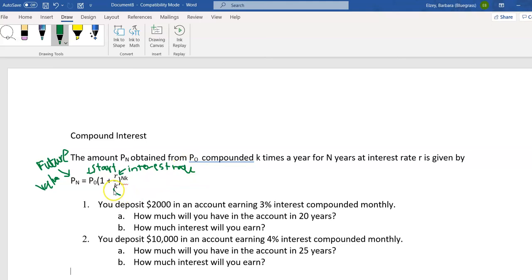K is the number of times compounded per year.